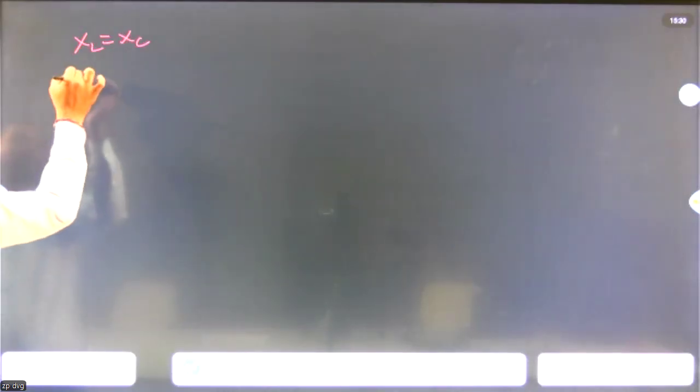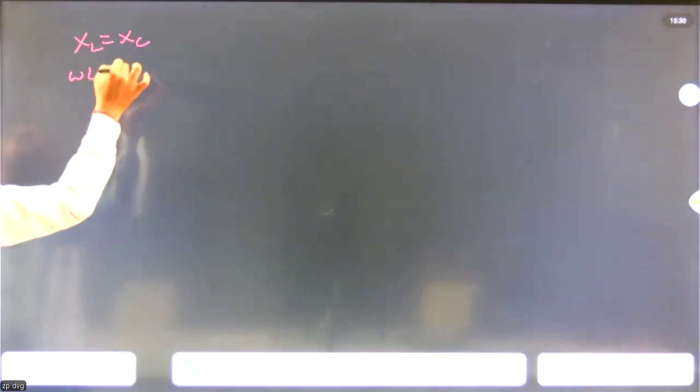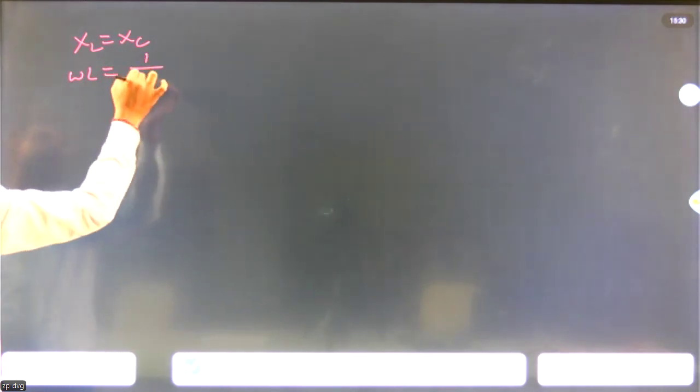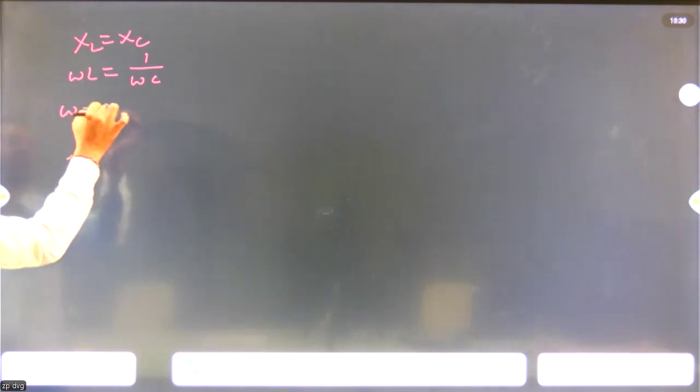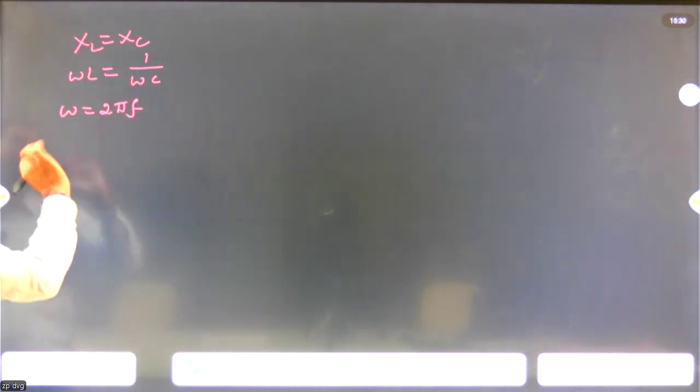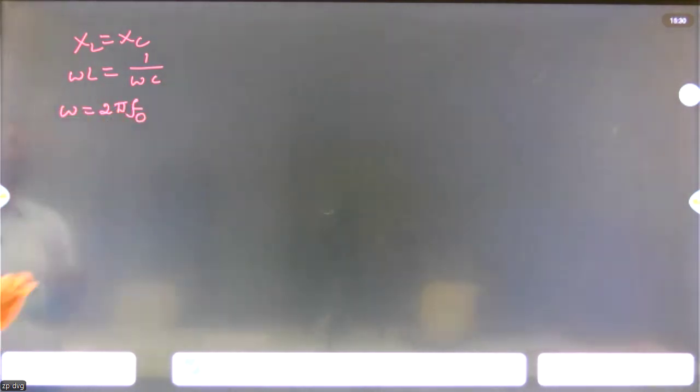What is XL? Omega into L. XC is 1 by omega into C. Omega is equal to 2 pi into F. F naught is the particular frequency applied to the series LCR circuit.